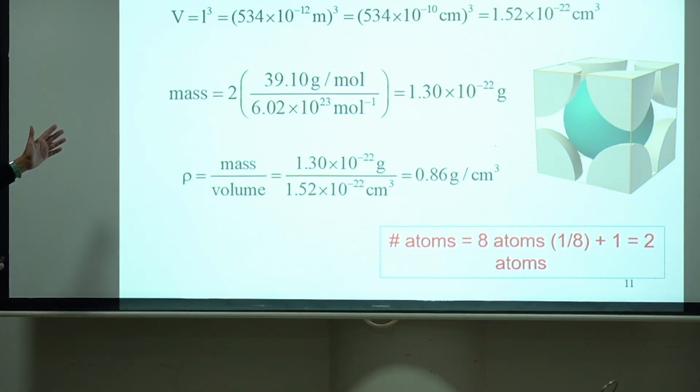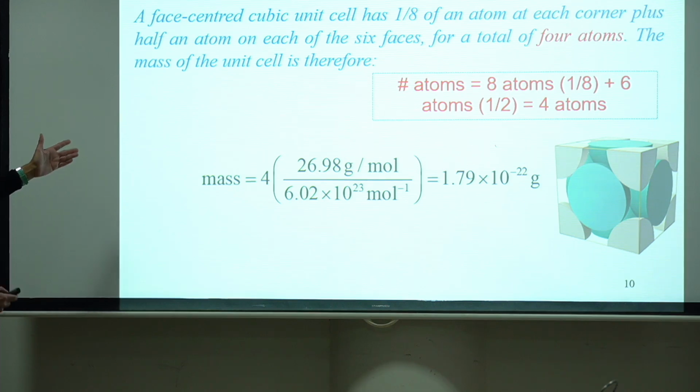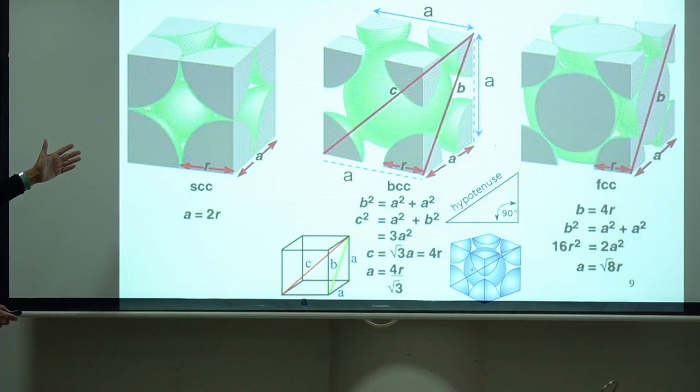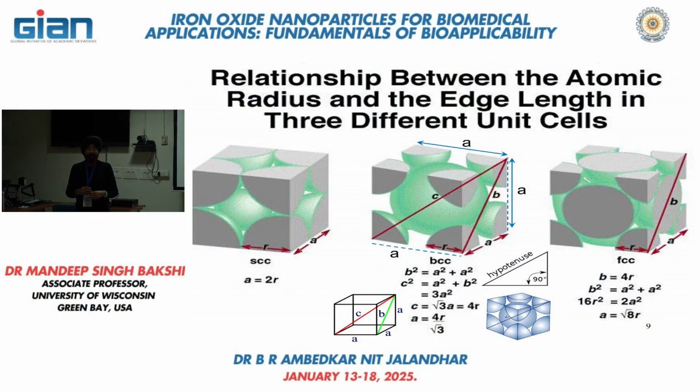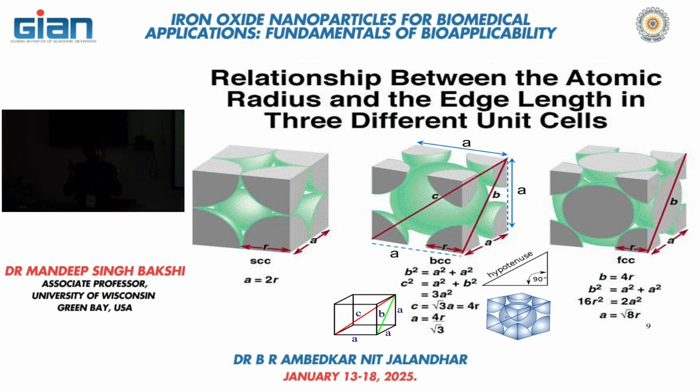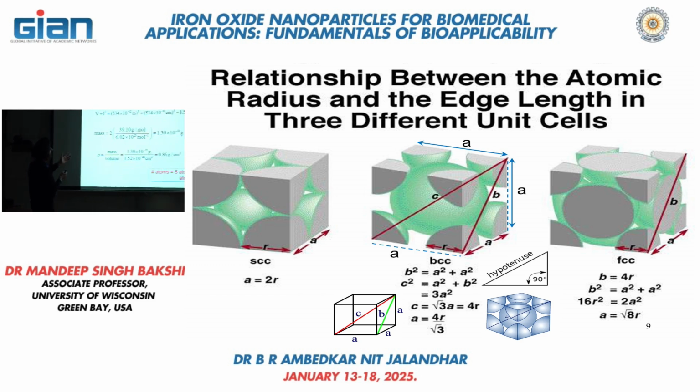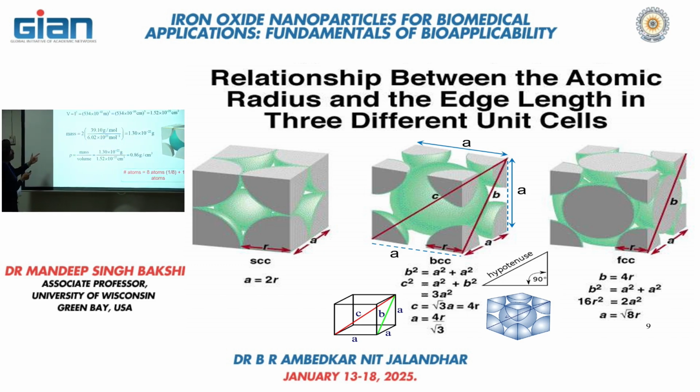Edge length can be represented by A as I've shown over here, or it can be represented with L. Different textbooks follow different ways of depiction. So you don't need to get confused. As long as it is saying that it's the edge length, no matter whether it is represented with A or L, it means that it is the edge length. Here it is represented with L, it is L not 1, right?